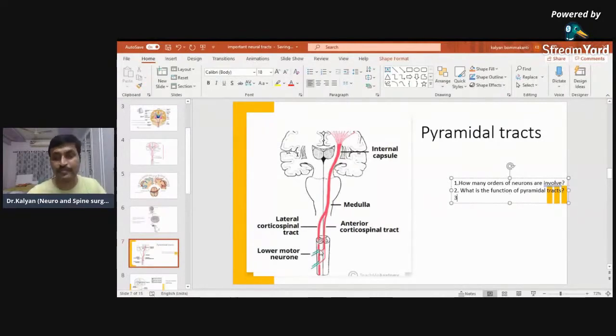Third one is the most important one which you have to remember: where does the decussation take place? This is the most important thing.